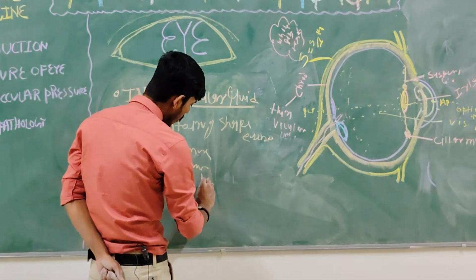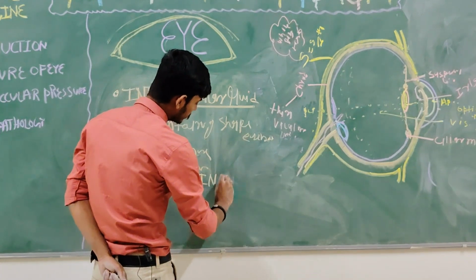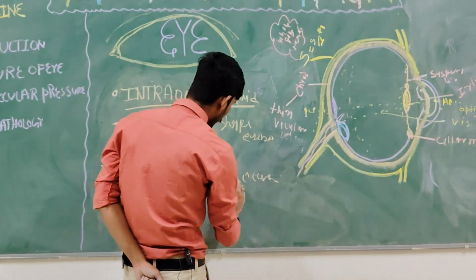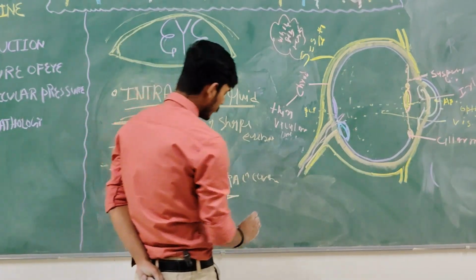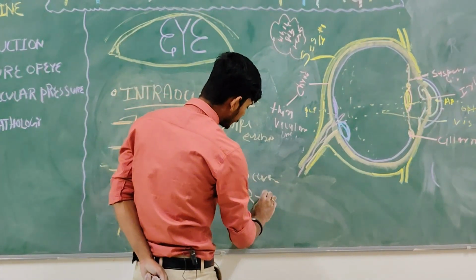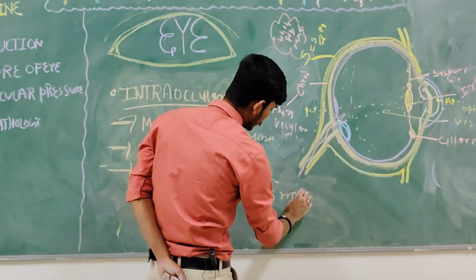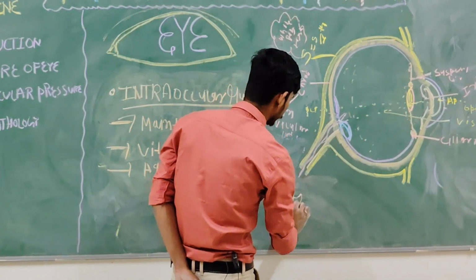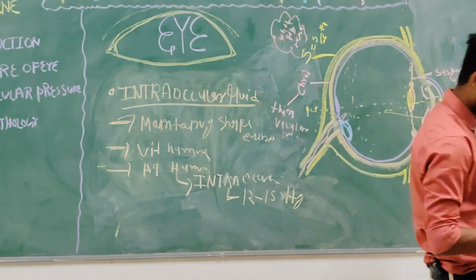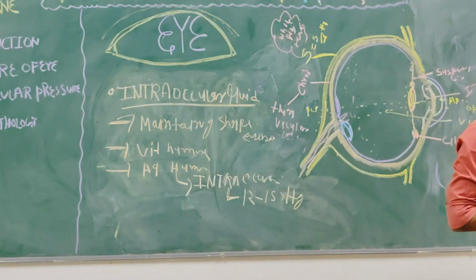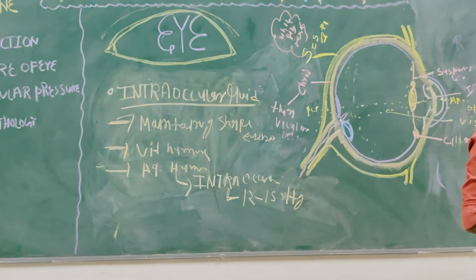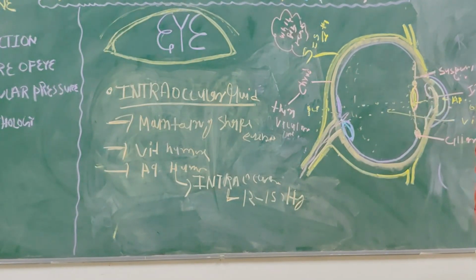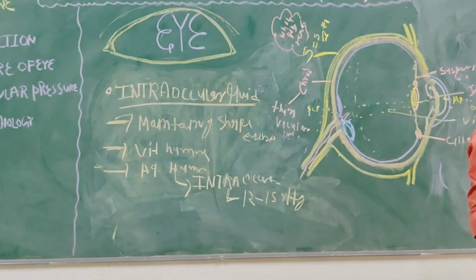Now, the intraocular pressure is normally 12 to 15 mm Hg. Is it correct? Let's check. Yes, the aqueous humor, 12 to 15.